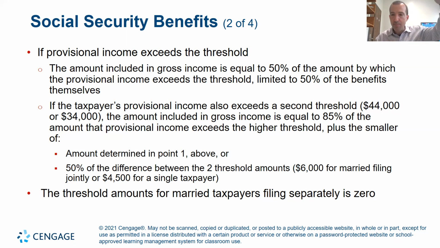There's another step up threshold. If the same formula, which is modified adjusted gross income plus those other items plus 50% of Social Security income, exceeds $44,000 for married filing jointly or $34,000 for single, then instead of 50% of Social Security income, you need to include 85% of Social Security income.